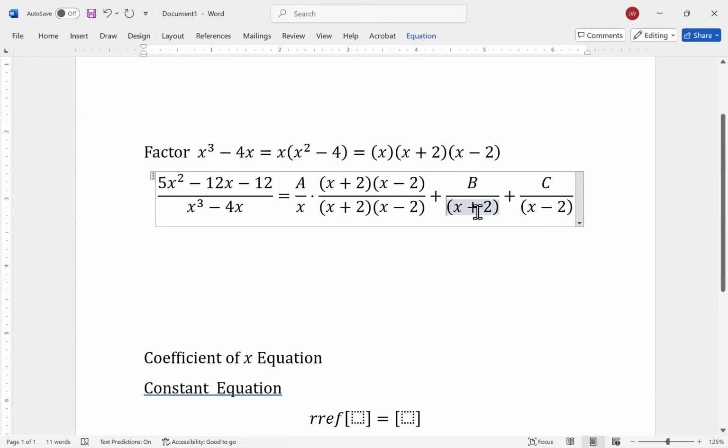For this second fraction, I'd have to multiply the top and the bottom by an x and an x minus 2. And for the third fraction, I'd have to multiply both the top and the bottom by both an x and an x plus 2.